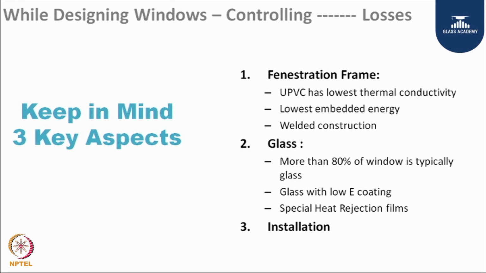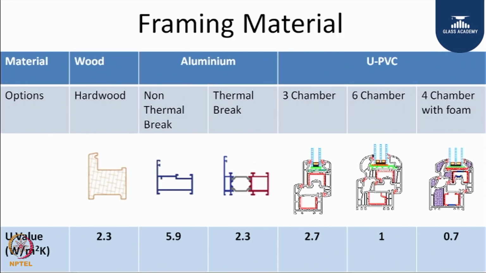To give you an example of framing material, if you take wood, you have a U value of 2.3. If you take an aluminum system, it will have around 6 without a thermal break, or if it is a thermal break, it may have almost the same as hardwood, which is 2.3. A 3-chamber PVC might be around 2.7.